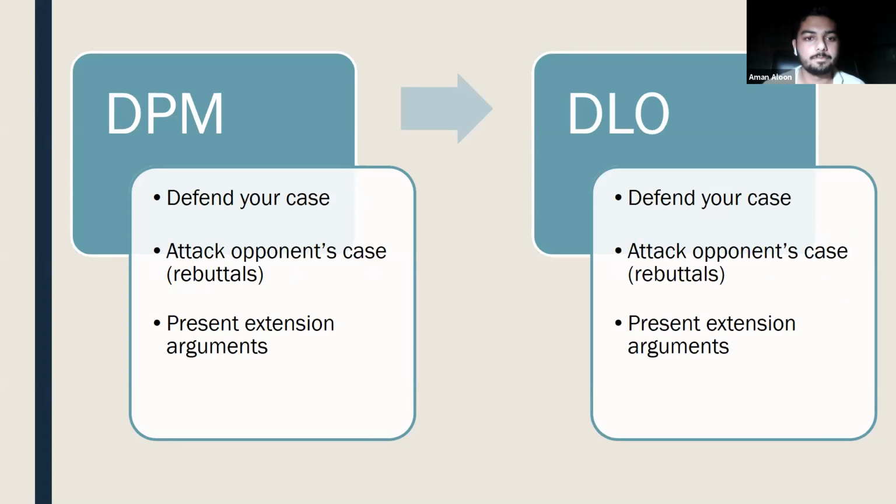Now the second role bearer of the government team is the Deputy Prime Minister. The main role of Deputy Prime Minister is, imagine you are in a team where your first speaker, the Prime Minister, has already gone and spoken in favor of the topic. But the other team has flabbergasted and talked about the demerits of the issue at hand.